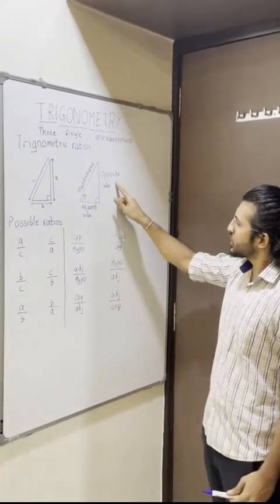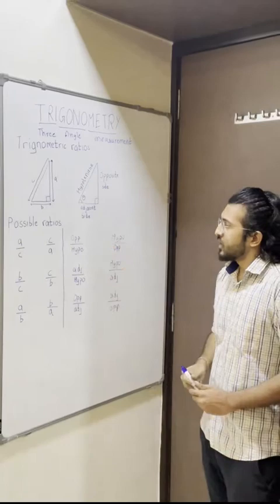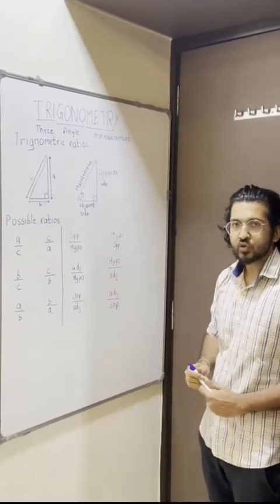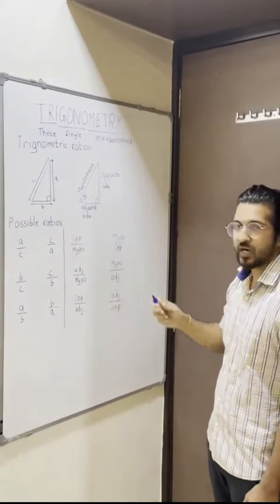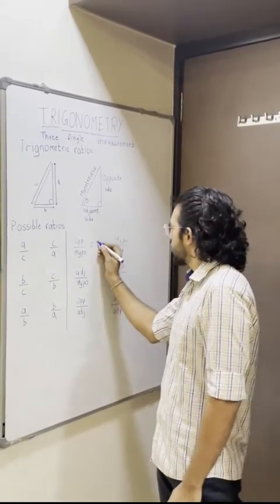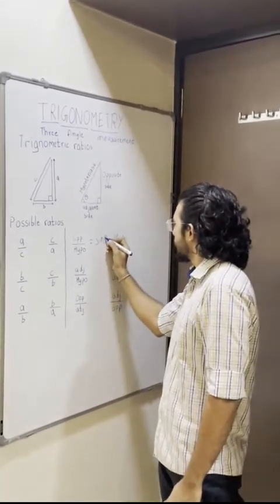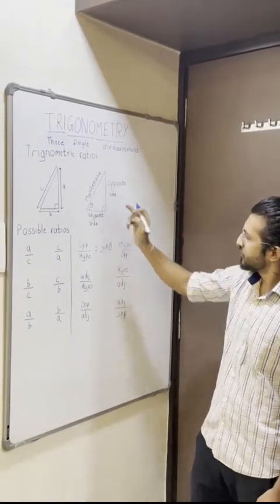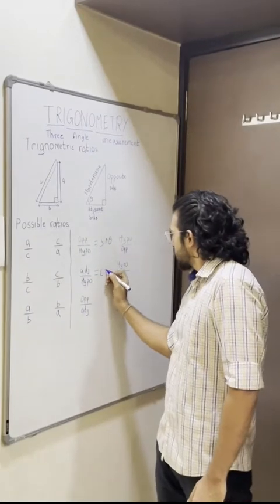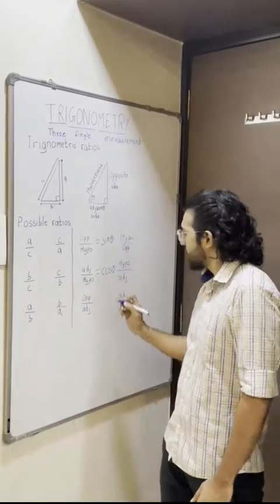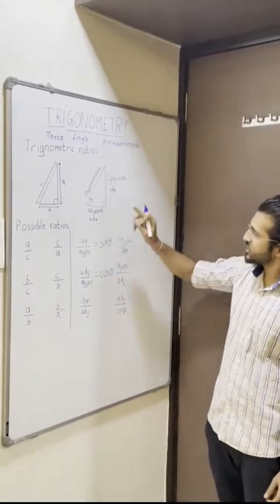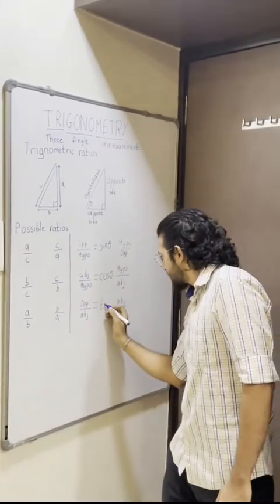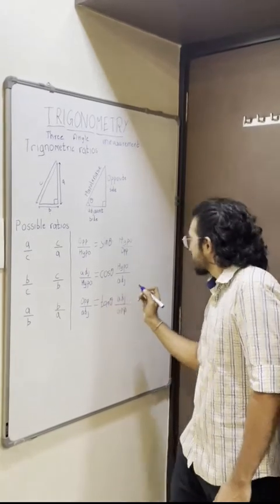The first ratio, opposite upon hypotenuse, is given a shorter name, which is sin theta. So we can say that opposite upon hypotenuse is equal to sin theta. And the second ratio, adjacent upon hypotenuse, is called cos theta, and opposite upon adjacent is called tan theta.